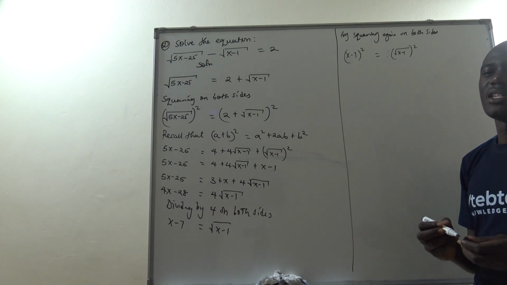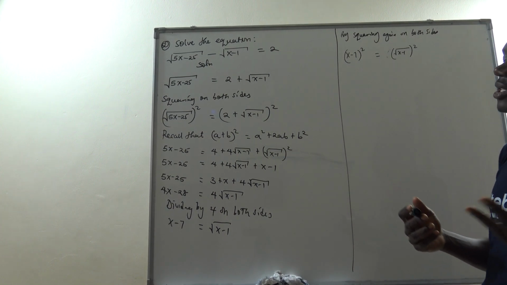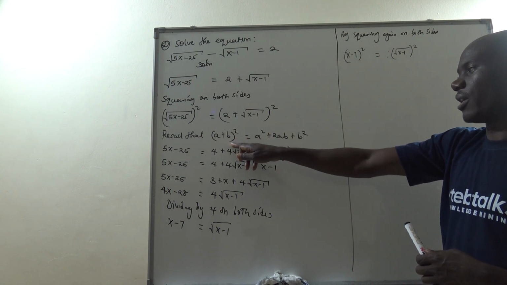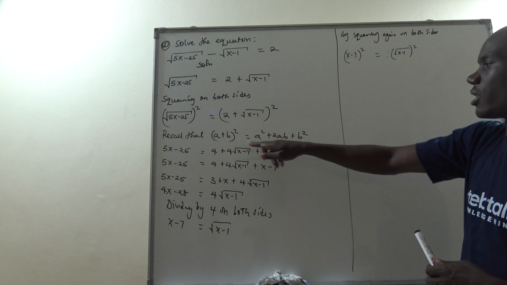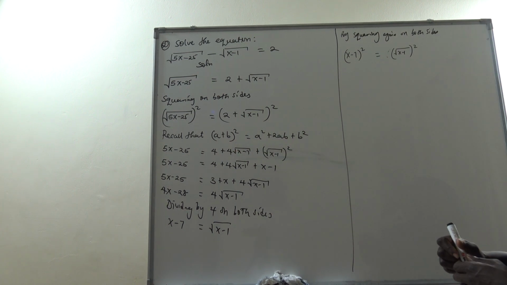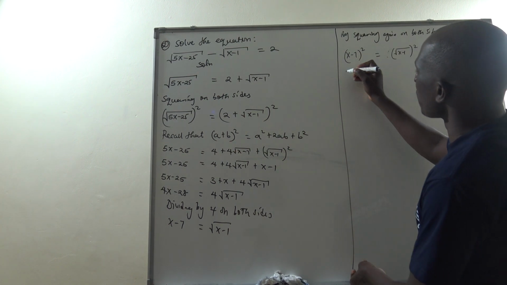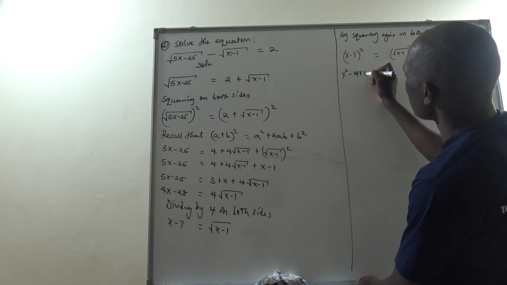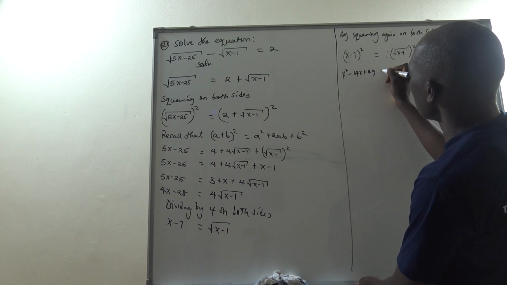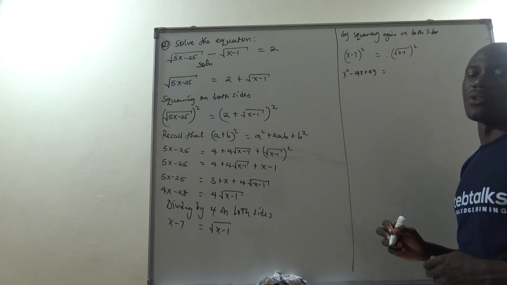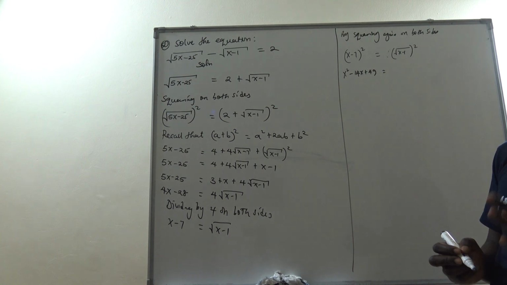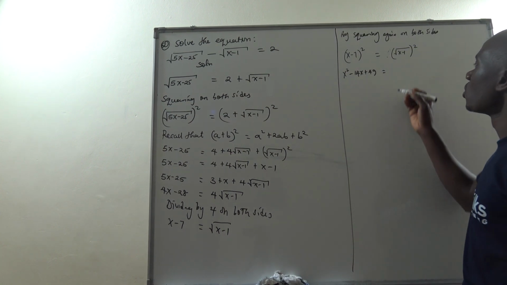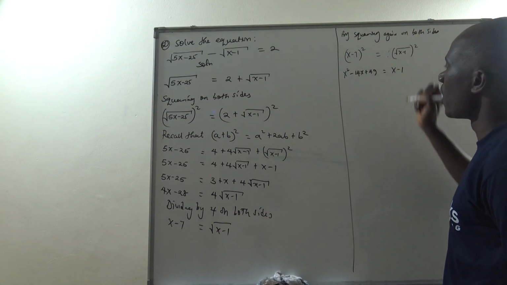Again, we expand using our binomial expansion, the same identity we used before. What is going to happen? We are going to have x squared minus 14x plus 49 equals, the opposite of a square root is a square, so the square root is going to go with the square, and we are going to remain with x minus 1.